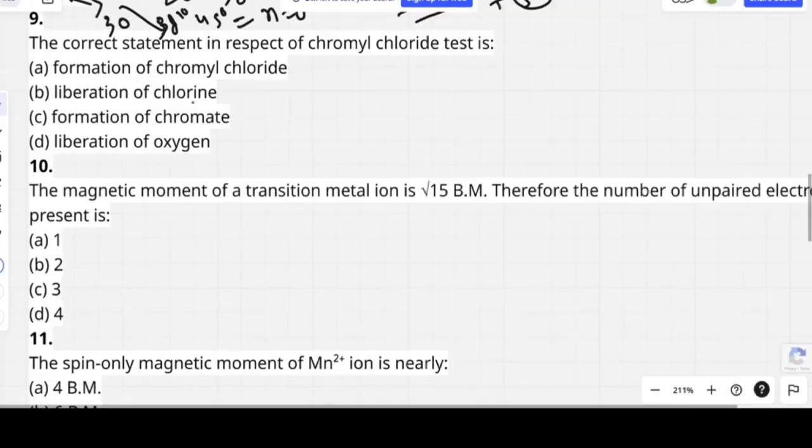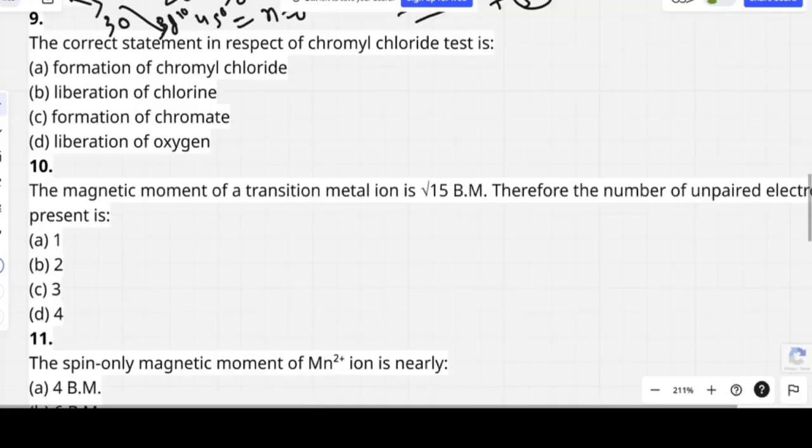When the salt is treated with concentrated sulfuric acid, I add potassium dichromate. You get a yellow colored solution. To that yellow colored solution, I add lead acetate plus acetic acid.